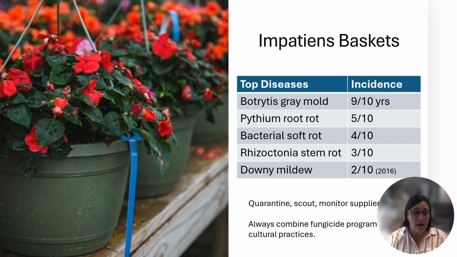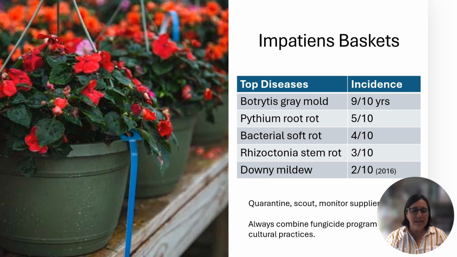Secondly, Pythium root rot. In my pretend scenario, Pythium root rot has occurred 5 out of the last 10 years. Pythium root rot is a soil-borne oomycete, or water mold. It attacks roots, and it will usually come in with bad plugs, or it can come in contaminated media, or if you're not sanitizing between crops, it could be carrying over from a previous year.